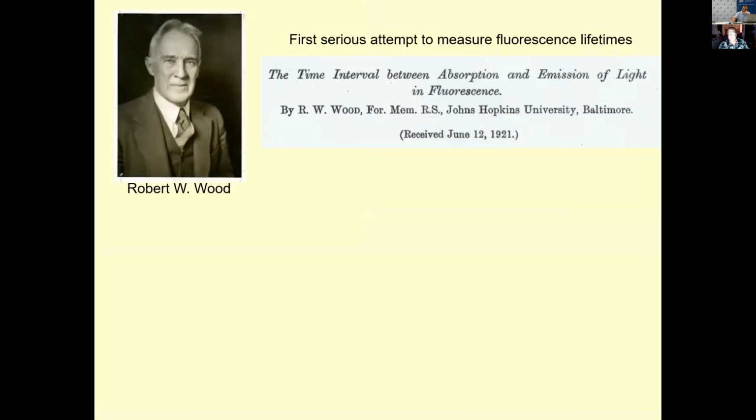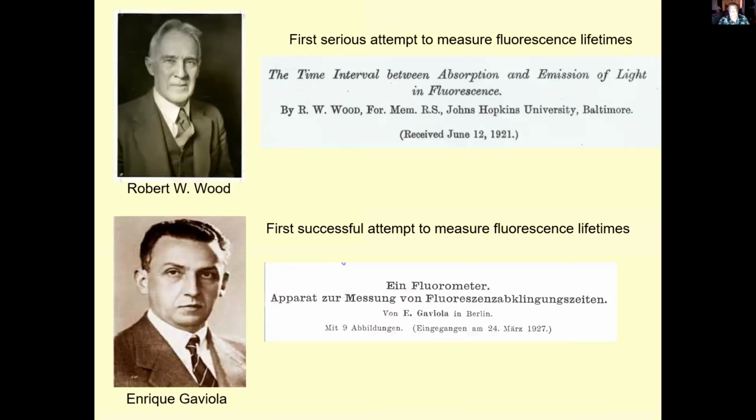And the first serious attempt to measure fluorescence lifetimes, which I'll talk about in more detail on Thursday, is this paper by the famous American physicist Robert W. Wood. And I like the title, The Time Interval Between Absorption and Emission of Light and Fluorescence. But the first successful attempt to measure lifetimes, that is, the first actual measurement, was by Enrique Gaviola, famous Argentine physicist who did his studies and his training in Germany in the 20s.